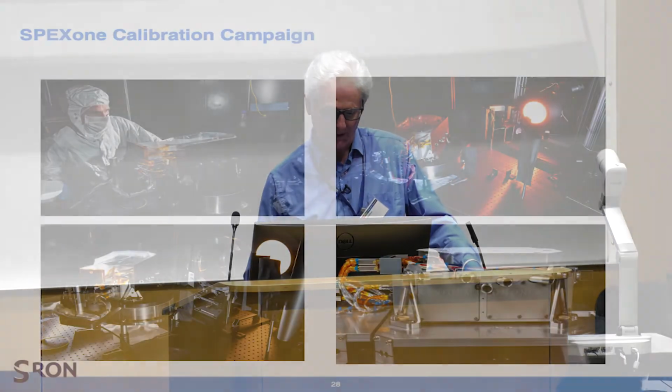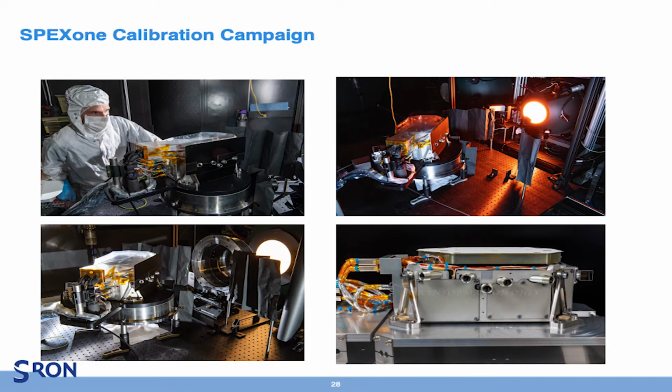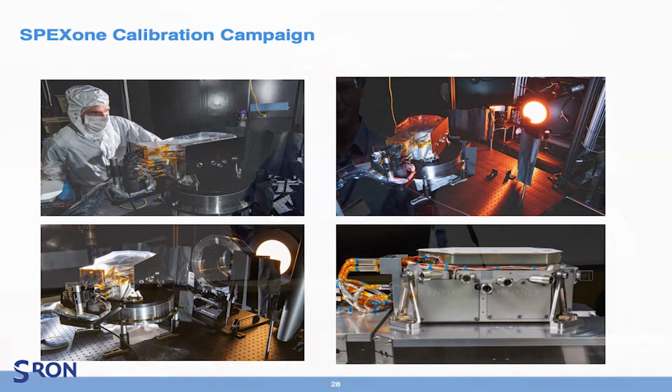So we had a really good calibration campaign with SPEXOne. They did a really nice calibration over in the Netherlands. But they don't actually have one of these Glamour or Circus or whatever you want to call it, laser facilities. For a spectrometer, having that kind of spectral calibration where you can actually know exactly what your spectrometer is doing is really, really helpful.